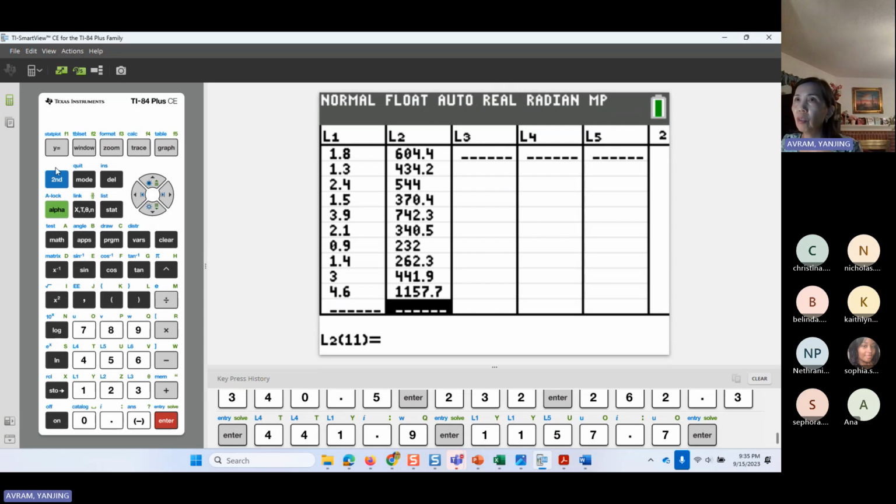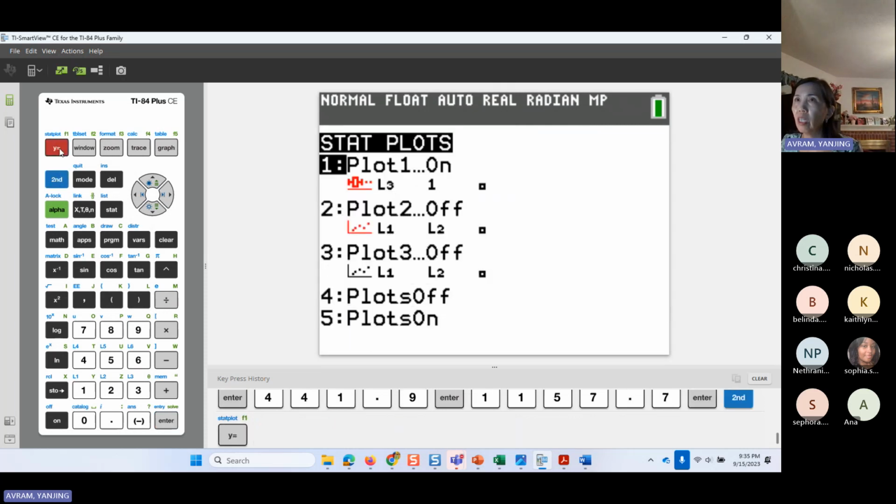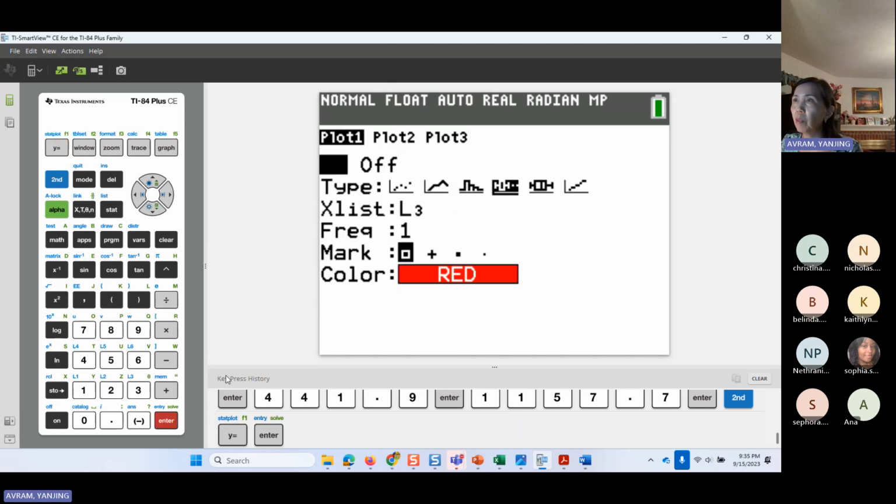Now we go to do the second stat plot. Remember we have to turn the scatter plot on, otherwise the default is off. So we want On to be highlighted. The first one is the scatter plot. Usually the default X list should be L1.